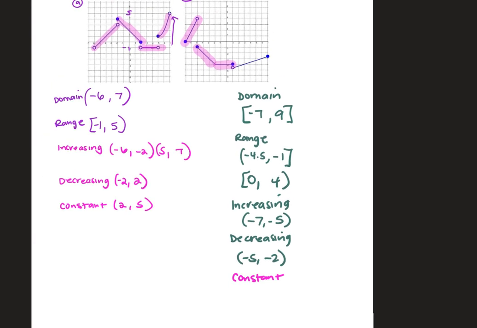But that first point is shared. So -2, even though it's a solid dot and it's constant, is shared by the decreasing, so it's going to get a parenthesis. And then it stops at 4, and that one gets a bracket because it's a stop and it's constant. Then it becomes increasing again from 1 to 7.